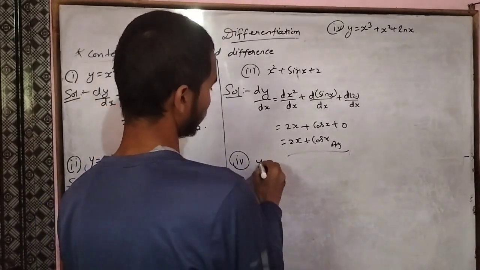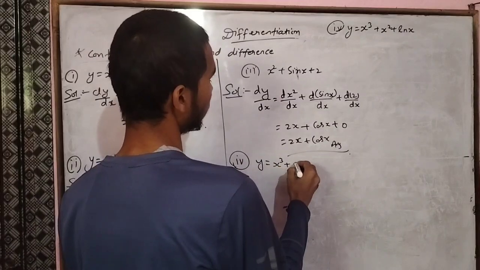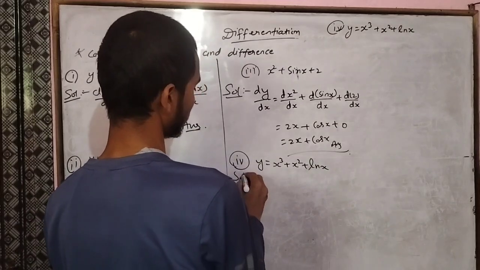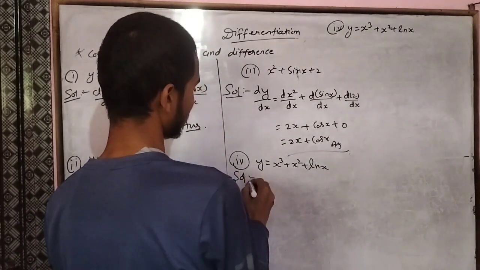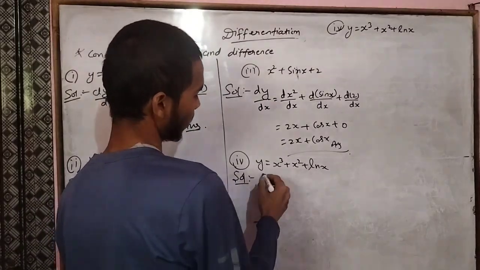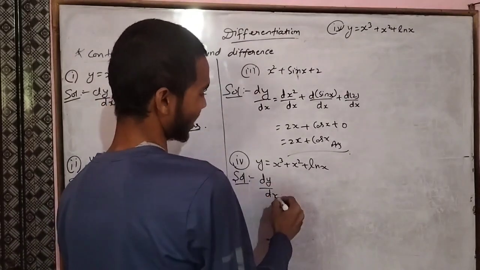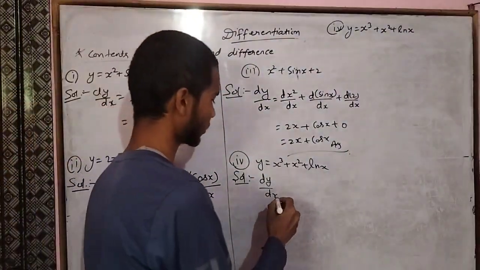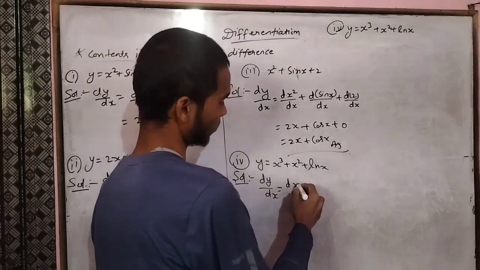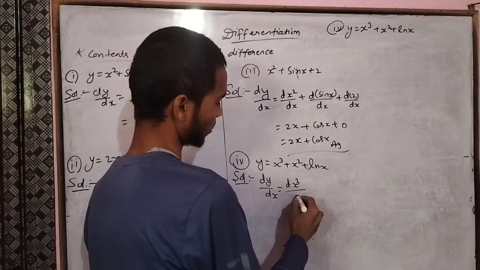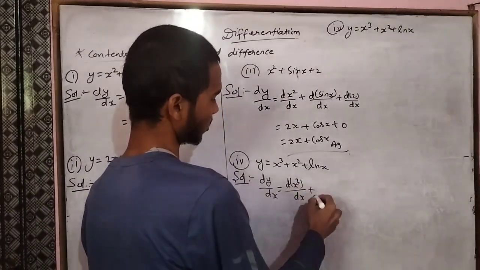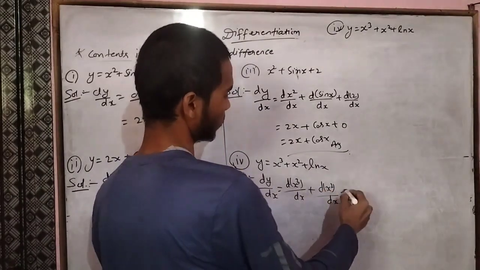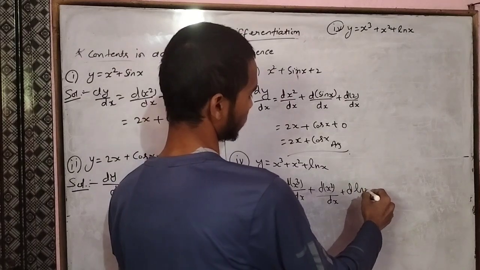Here, y equals x cubed plus x square plus ln x. Dear buddy, we have three terms. First, which is x cubed. Second, which is x square, and third, which is ln x.